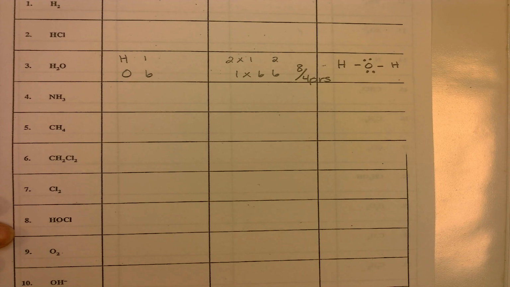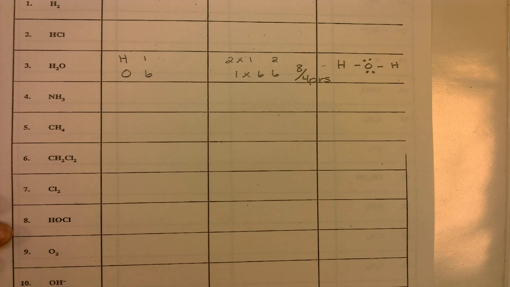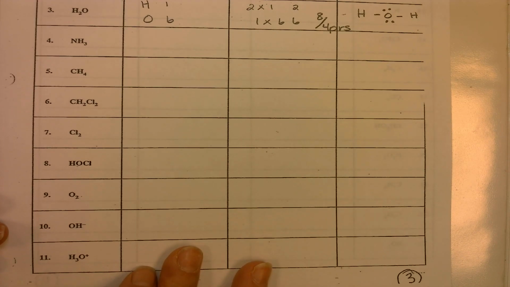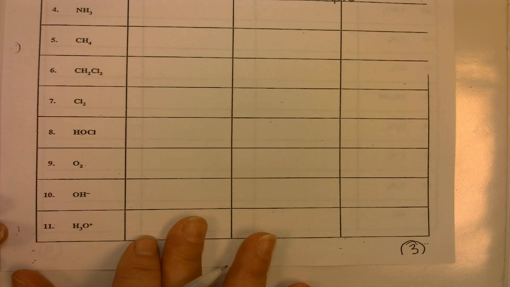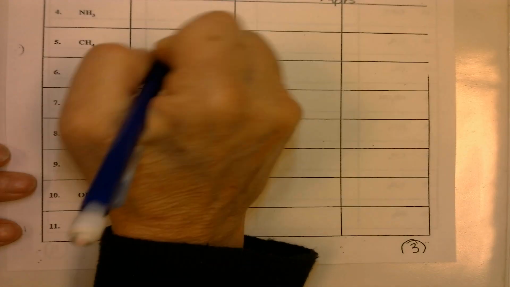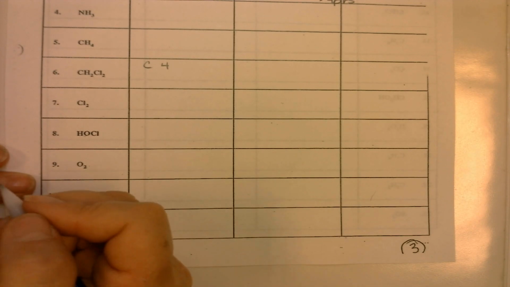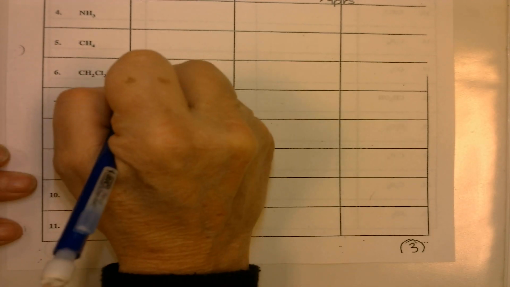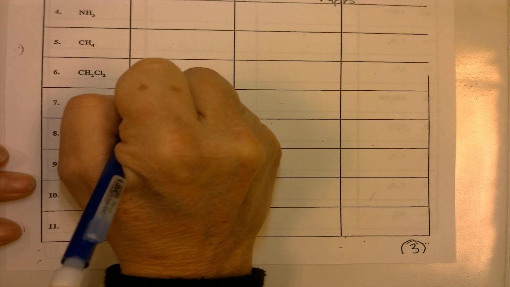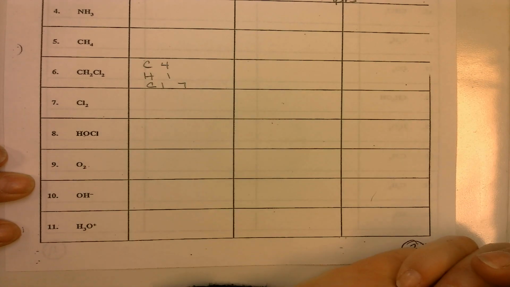Okay, let's go down to number 6. Any questions? Number 6, CH2Cl2. Carbon has 4. Hydrogen, 1. Chlorine, 7.